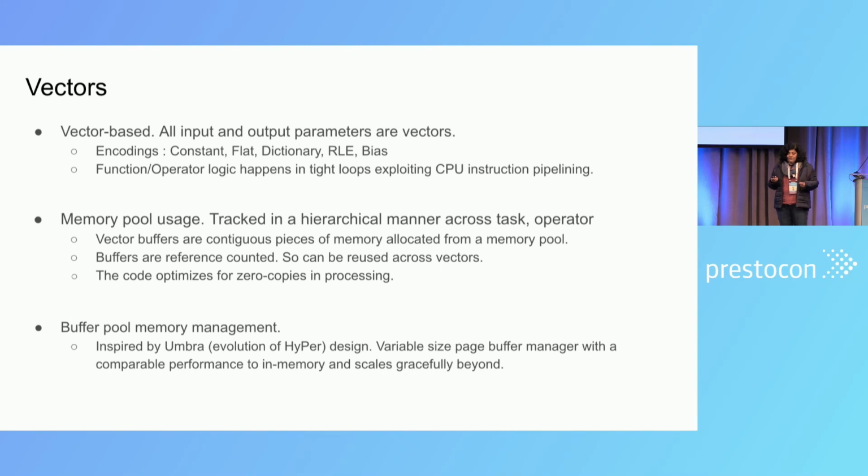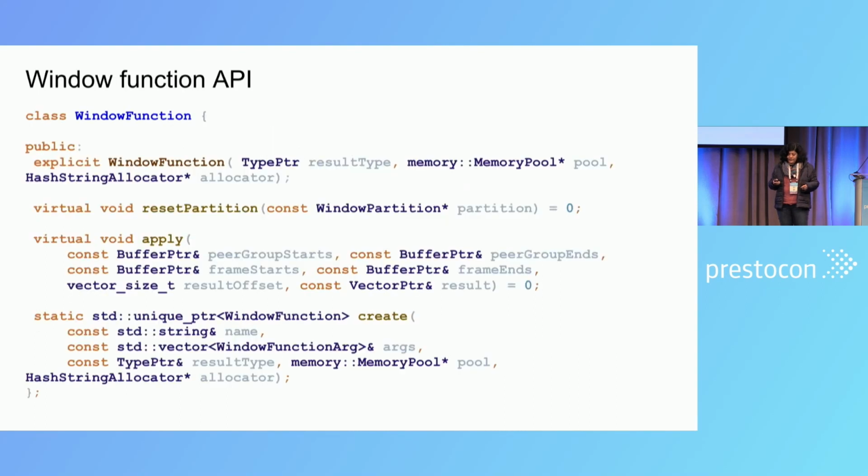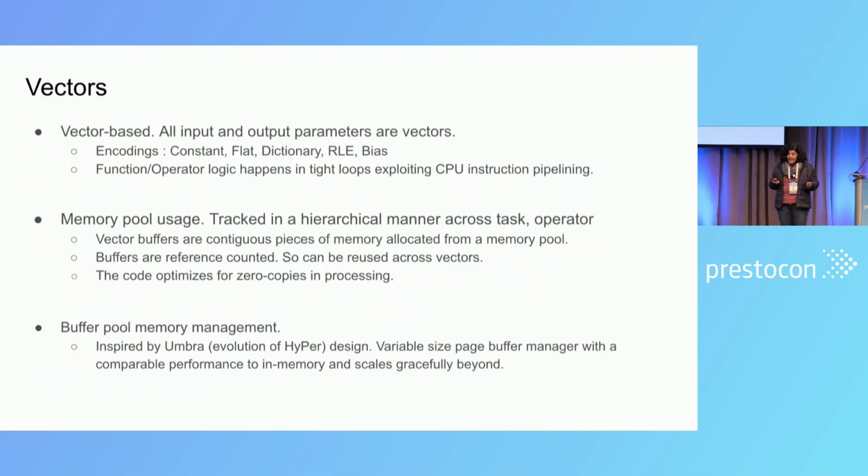So the Velox framework is vector-based, and what this means is everything is on this vector pointer. You have a vector of results that you're going to populate. And every vector can be of different kinds, because we want to optimize processing. Based on different encodings, you have constant vectors, flat vectors, dictionary vectors, run-length vectors, bias vectors, and the operator tries to be the most efficient.